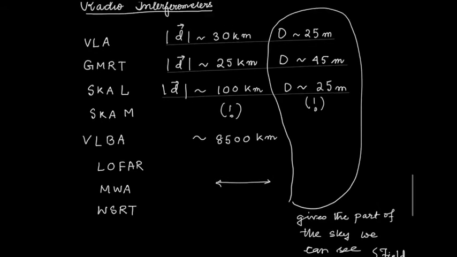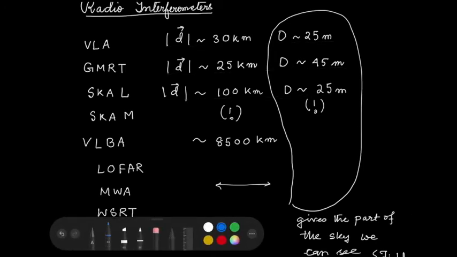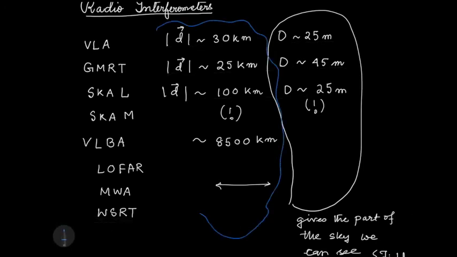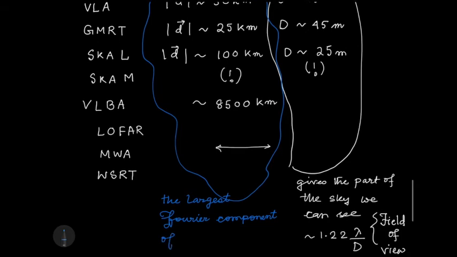And what does this column give you? The column with small d, which is the largest separation between any two antenna pairs, gives you the largest Fourier component of the specific intensity I that we can measure.